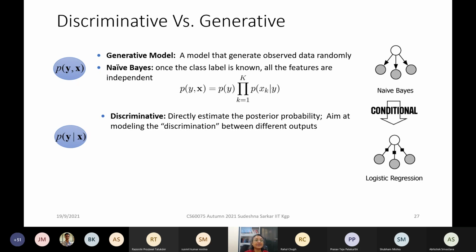So naive Bayes, as we have seen, is an example of a generative model, and so is the hidden Markov model. On the other hand, a discriminative model directly estimates the probability without trying to model the generative process. For a generative model, we try to find the joint distribution of y and x, whereas in a discriminative model, we do not care about the joint distribution, but directly model the probability of y given x.